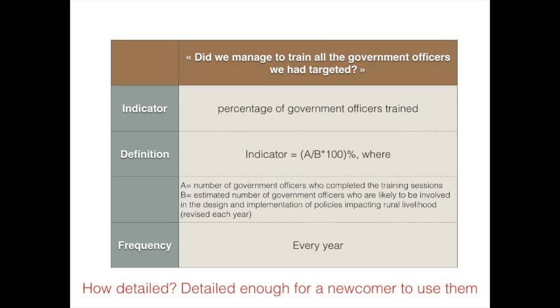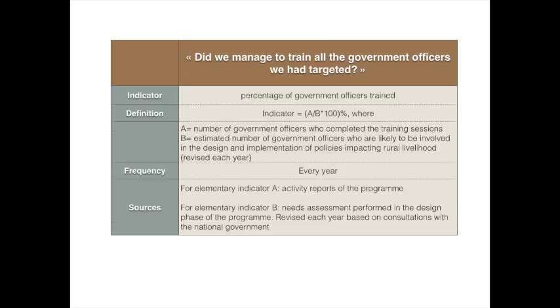Once we have the indicator, its definition and its frequency, we start adding the sources. It's very important to be very detailed about the sources, because if you just mention the indicator you want to have but not the means you would have to feed it, the indicator may be worthless. So in this case we would have two sources which are quite easy to retrieve.